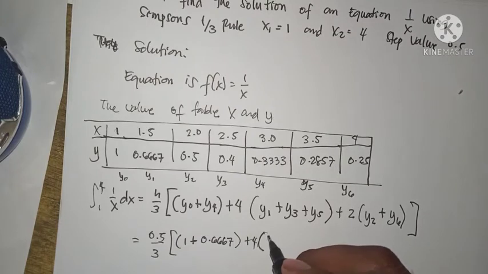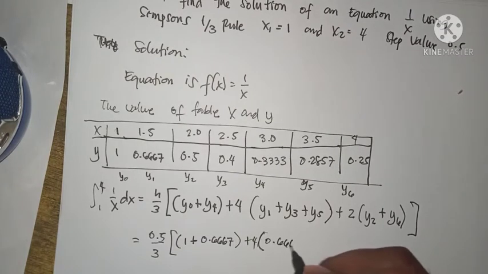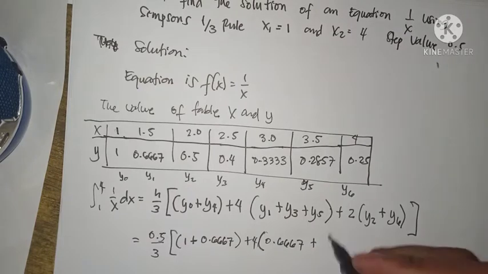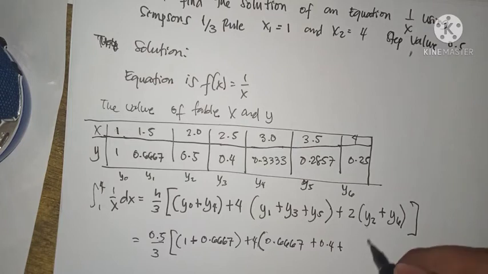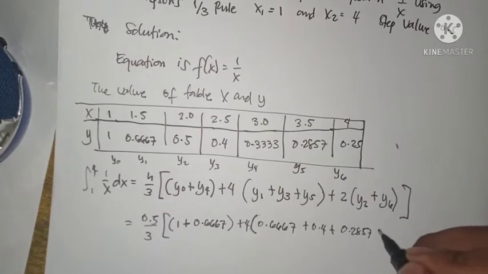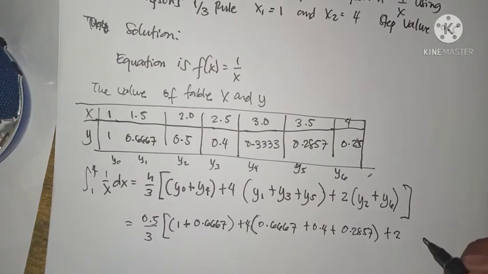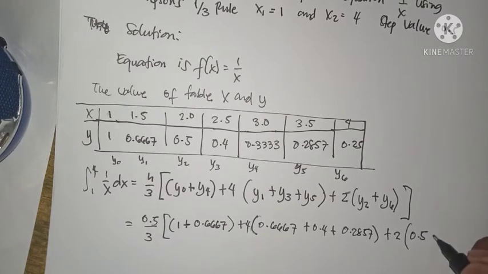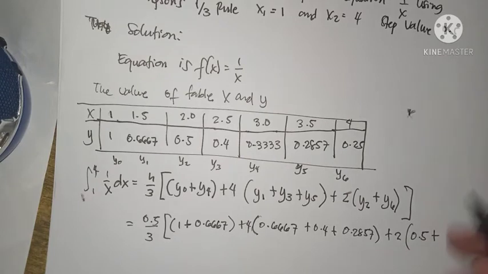So y sub 1 is 0.667 plus y sub 3, 0.4, plus y sub 5, which is 0.2857. And then plus 2 times y sub 2, where y sub 2 is 0.5, plus y sub 6, which is 0.25.